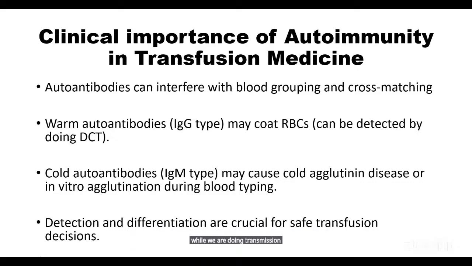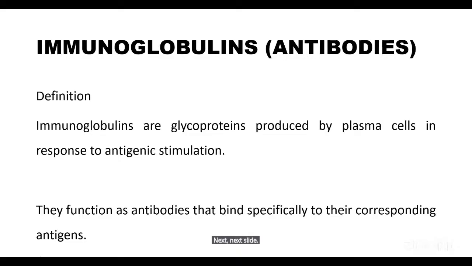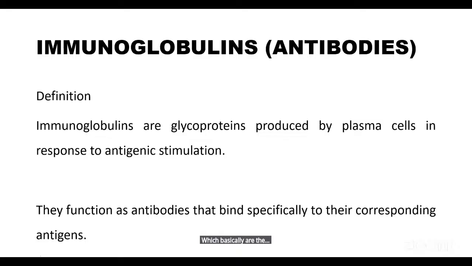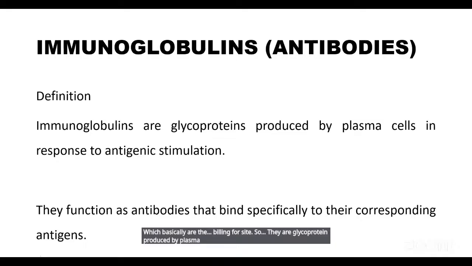Next slide. So what are the things that are causing autoimmunity? The answer is immunoglobulins. Immunoglobulins are antibodies. Another name for immunoglobulin is antibody. We all know that antibodies are produced by plasma cells, which are basically B lymphocytes. They are glycoproteins produced by plasma cells in response to antigenic stimuli.